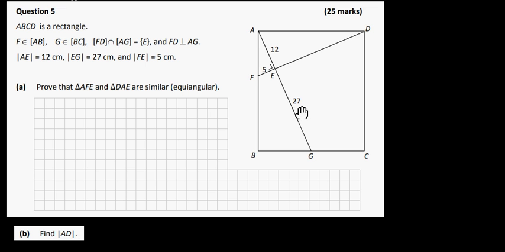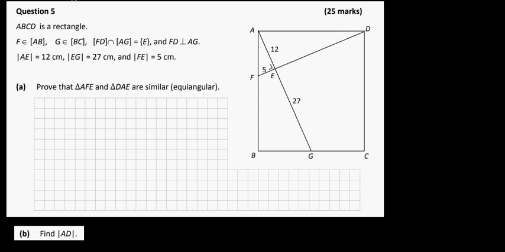It's one of many proofs for Pythagoras' theorem, but what we're going to do here is take this triangle here and prove that it's similar to this big triangle here. Then we're going to take this triangle here and prove that this is also similar to this big triangle here. So if they're both similar to the big triangle, in other words if they both have the same size angles as this big triangle, then they must have the same size angles as themselves. So in other words these two triangles here must be similar. So let's start.